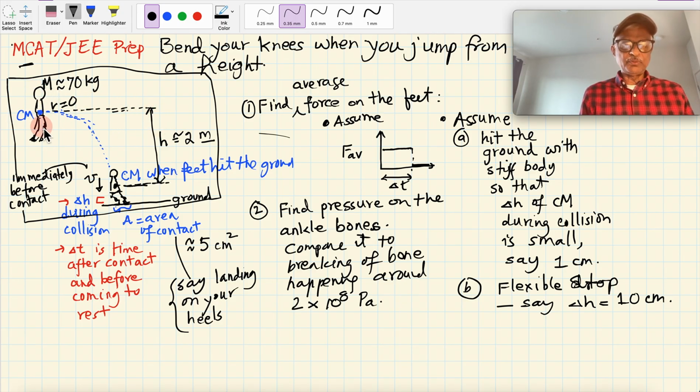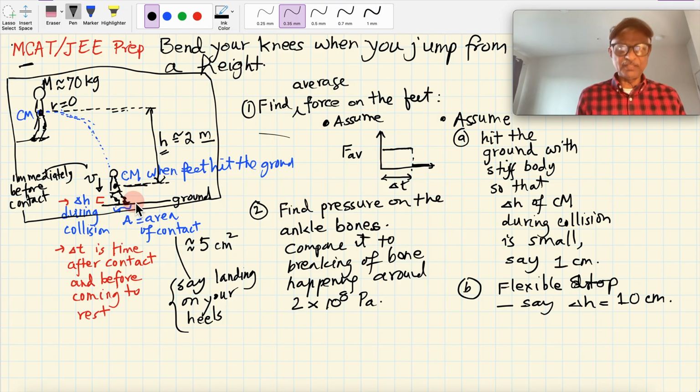So you are on some platform over here and you jump from here to another platform. Your center of mass goes from here to about here. So you jump about this edge, and when you hit this, you are going to have to bend your knee or something.